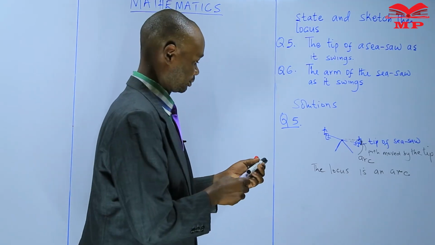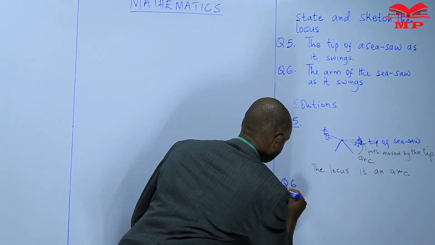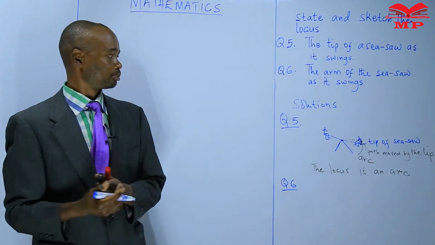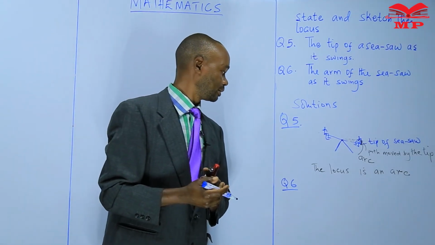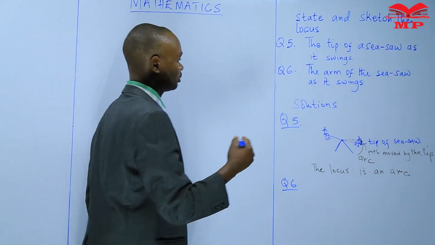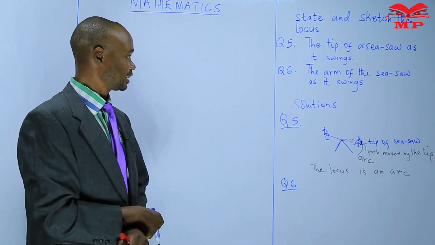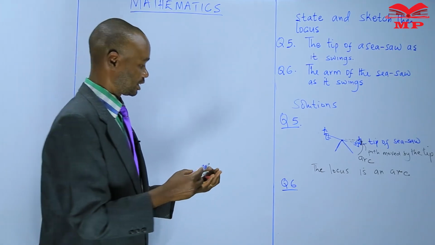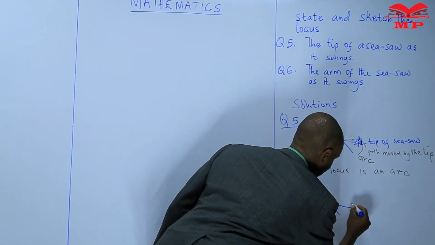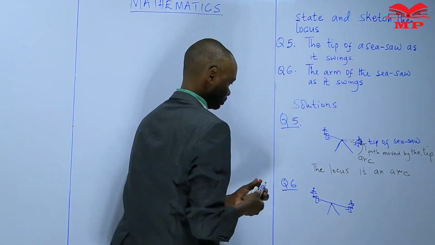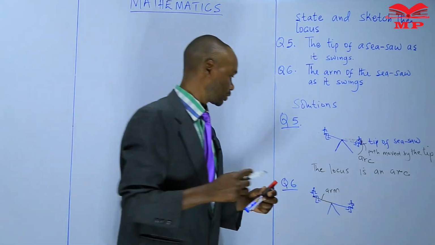In question 6, it is now the arm. Be very careful. It is now the arm. I can use the same diagram, or I can just draw it again. So I've indicated that that is the arm of the seesaw.